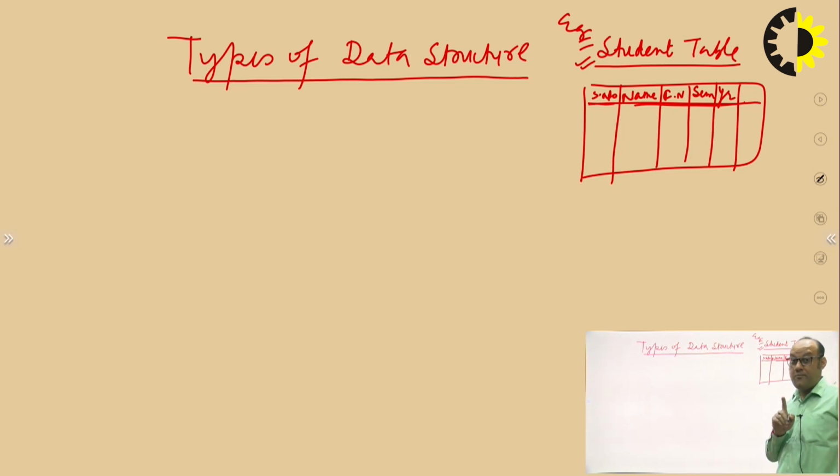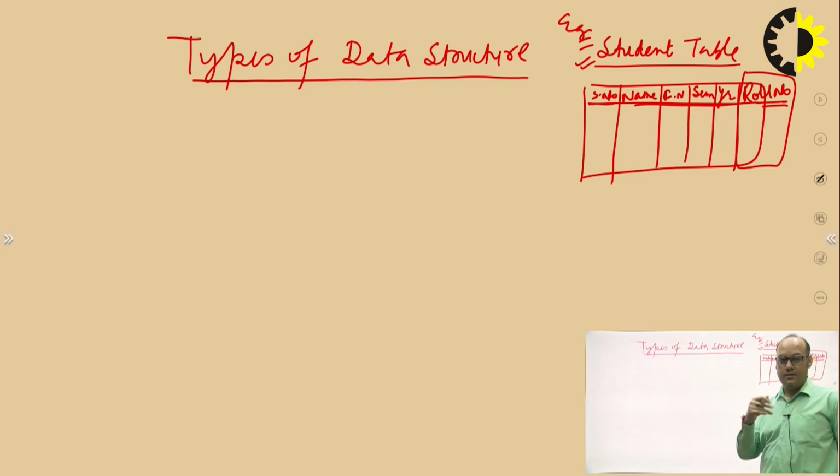There is one important column, for example, roll number. This roll number will be unique. So what will you have to do? You have to implement some constraint on this roll number so that not more than one student has the same roll number.